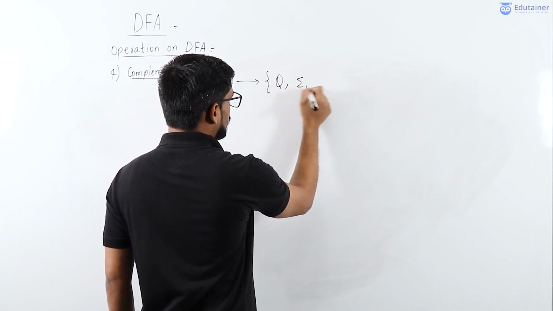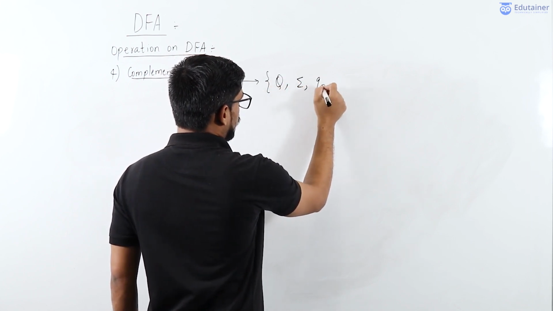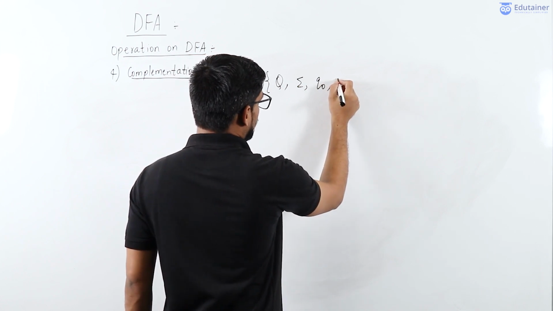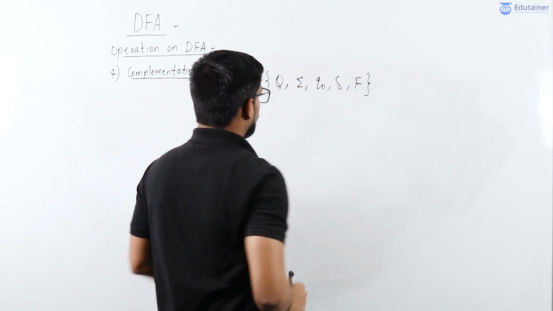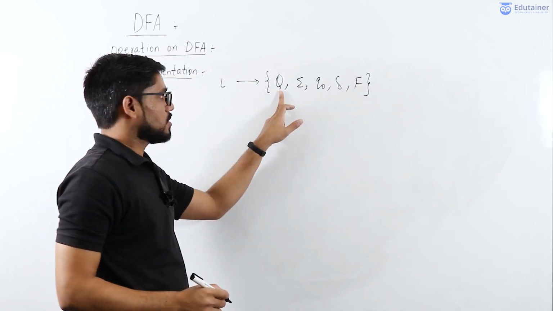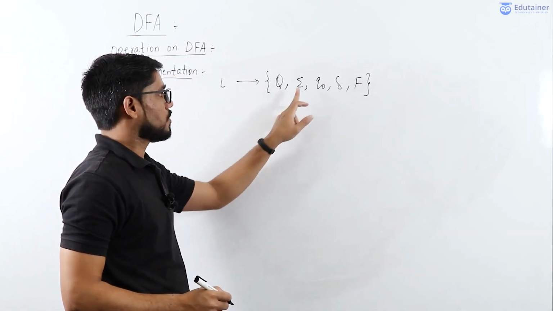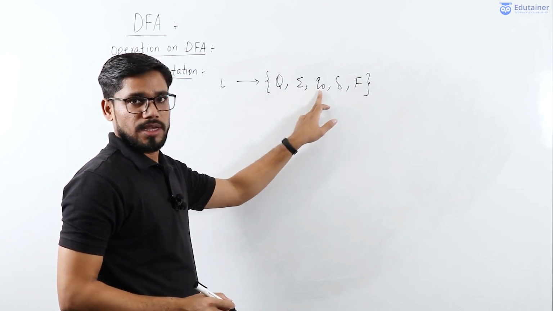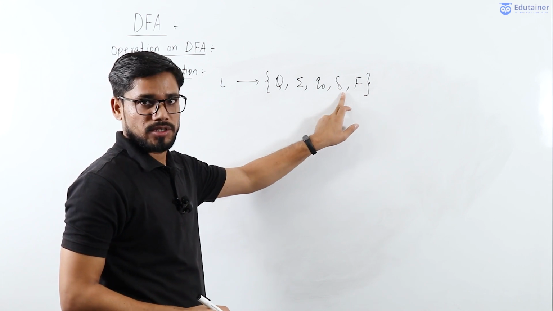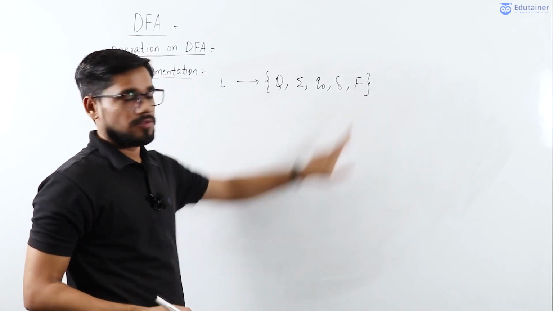Capital Q, sigma, Q naught, delta and capital F. So capital Q denotes the set of states, sigma denotes the input alphabet, Q naught is the initial state, delta is the transition function, and then F is the final state.